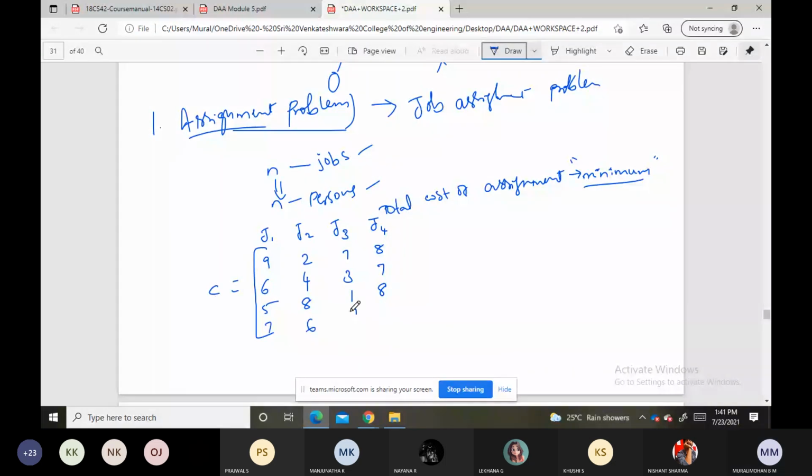Since there are 4 jobs, there should be 4 persons: person 1, and similarly person 2.